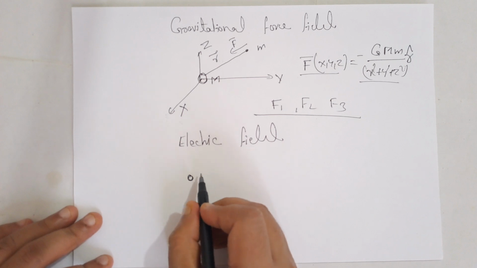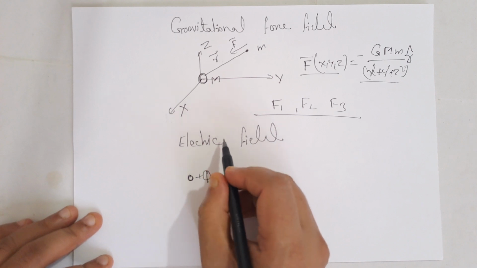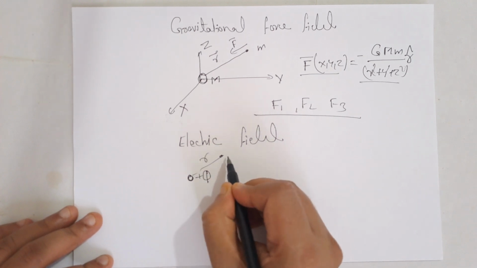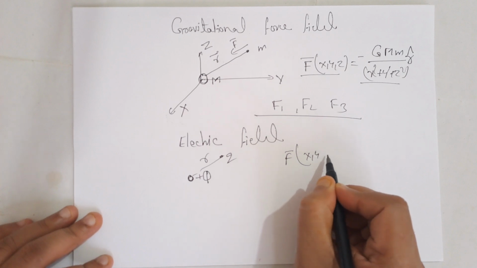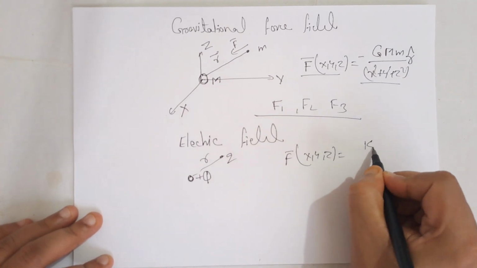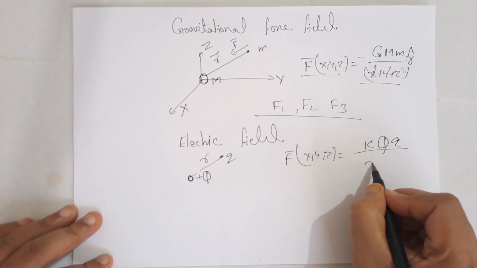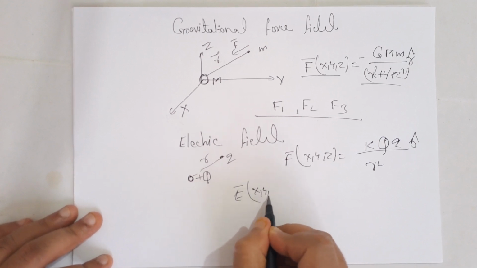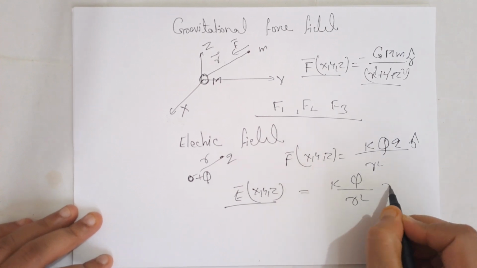This is a plus q charge, and there is a charge q at a distance r, and electric force will be k q divided by r square r hat, or electric field will be kq divided by r square r hat.